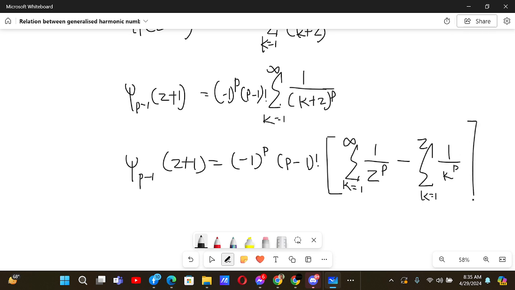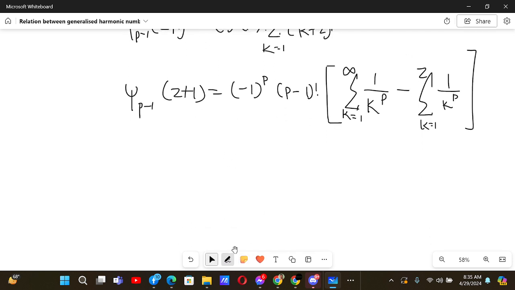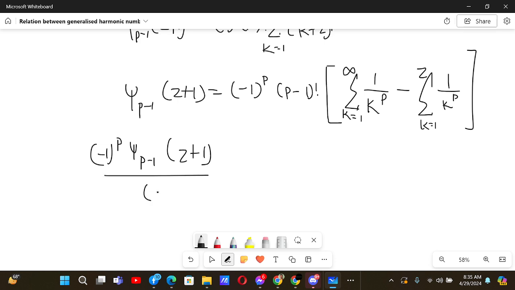I'm sorry, this one is actually k to the power p, not g to the power p. This goes from 1 to infinity, this goes from 1 to z, so what remains is from z plus 1 to infinity. So that makes sense. Now let's take it to the other side: minus 1 to the power p minus 1 times the p minus 1th derivative of the digamma function divided by p minus 1 factorial.